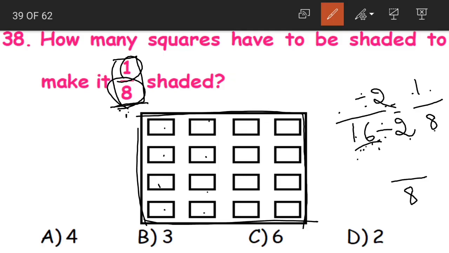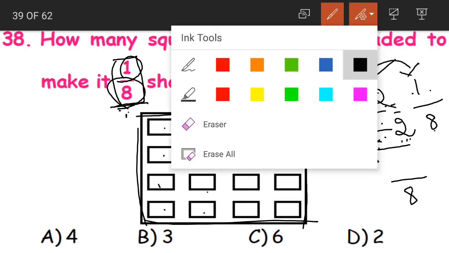That means we need to divide it by 2. As we are dividing the denominator by 2, the numerator should also be divided by 2. That is the rule of our equivalent fractions. So what number should be there here? 2. Yes, 2 divided by 2 will give us 1.